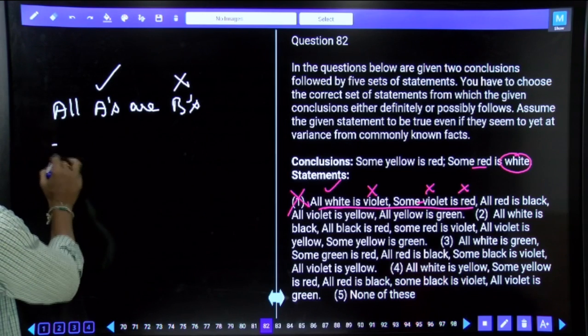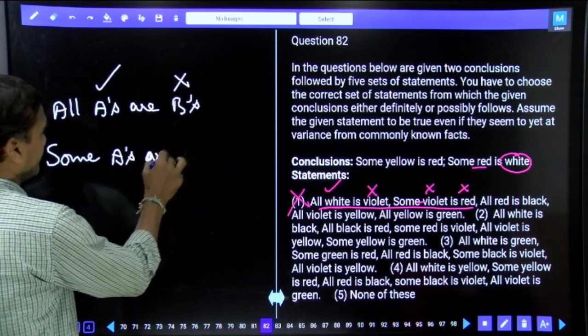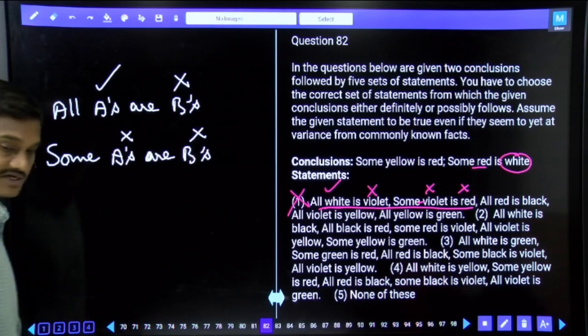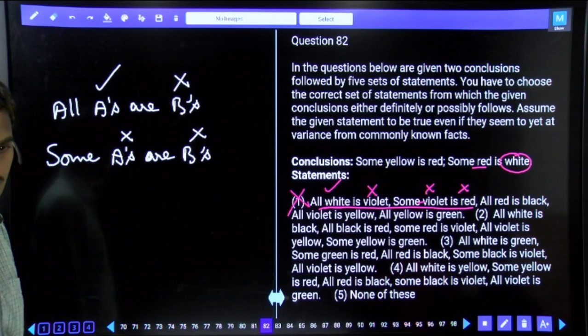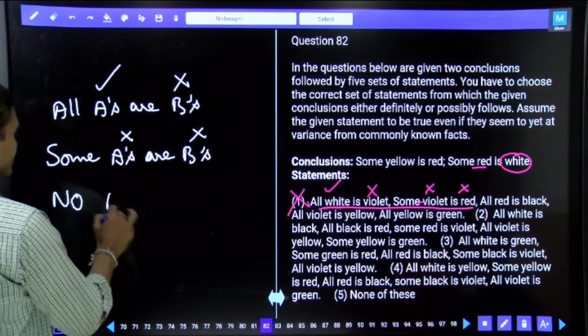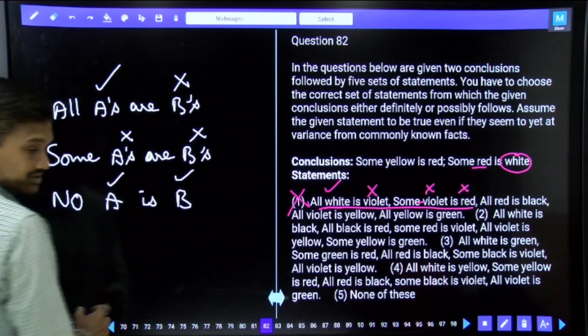The next one, some A's are B's. In some A's are B's, there are some which are A's, B's are B's. Hence A and B both are cross and cross. We cannot definitely conclude neither about A nor about B. Next one, no A is B. We can definitely conclude about both A as well as B. Hence both are tick and tick.